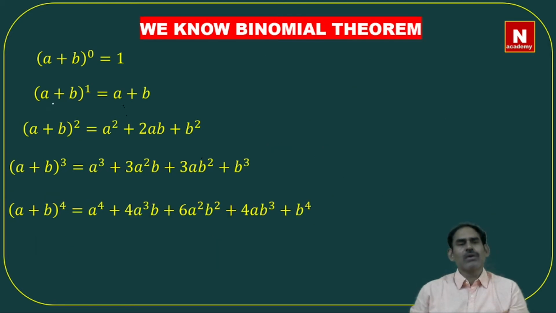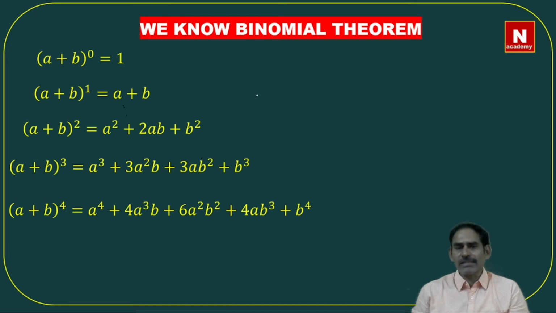You all know how to expand (a plus b) whole power 1, (a plus b) whole square, (a plus b) whole cube. Indirectly, all these right hand side expansions follow the properties of the binomial theorem. That's why we know the binomial theorem indirectly, and I will explain that. See, (a plus b) whole power 1 equals a plus b.